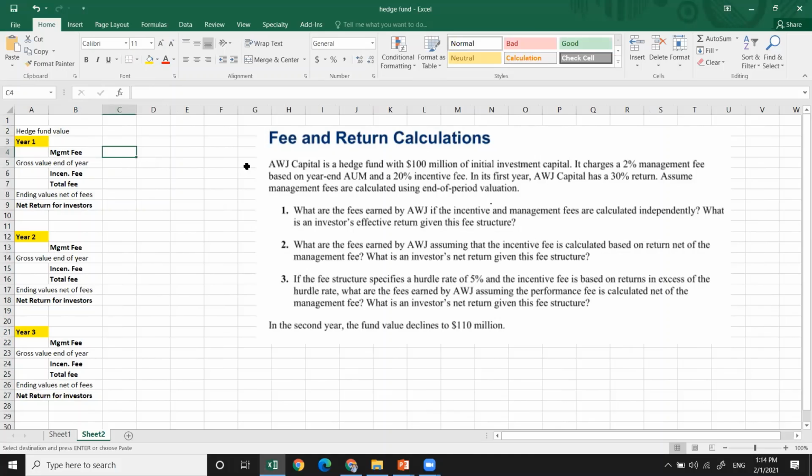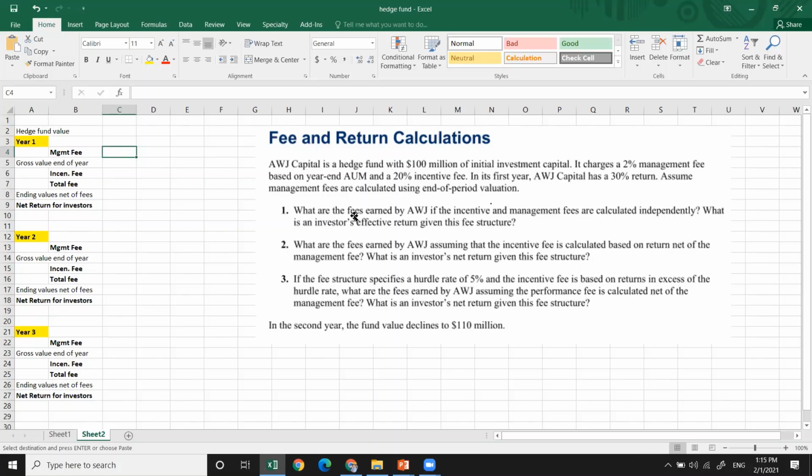Okay. Now, AWJ Capital is a hedge fund with 100 million initial investment capital. It charges a 2% management fee based on assets under management at year end, not the beginning of the year, and a 20% incentive fee. In the first year, the capital has a 30% return. Assume that the management fees are calculated using the end of period valuation, not the beginning.